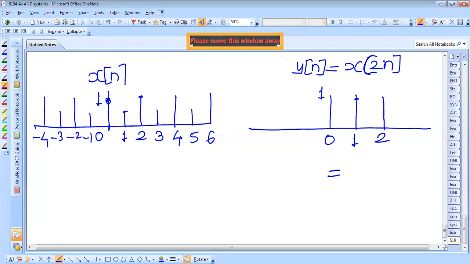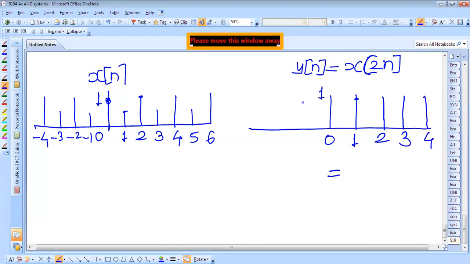Now for 3, what is the value of x of n at 3? It is half. So it is again 1. For 4, it is also like this.